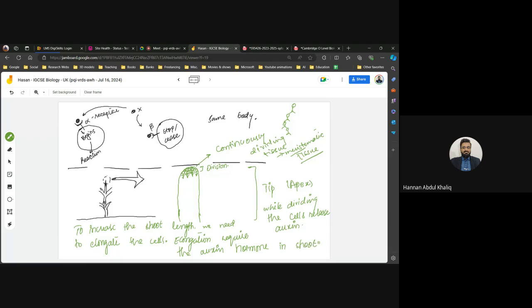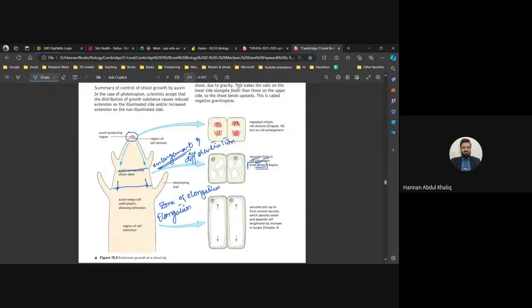Please remember, this is going to be misinformation if I don't write shoot here. In shoot, the auxin would stimulate the elongation. What does it mean? If you go back to the picture, the auxin would be moving down here. This is the region where auxin would concentrate. Auxin would concentrate and would cause the elongation.